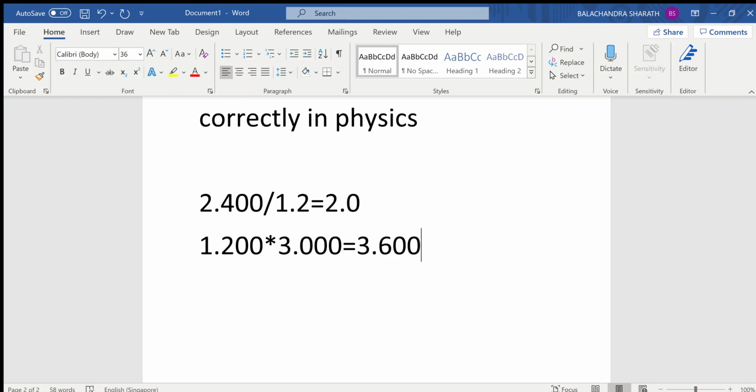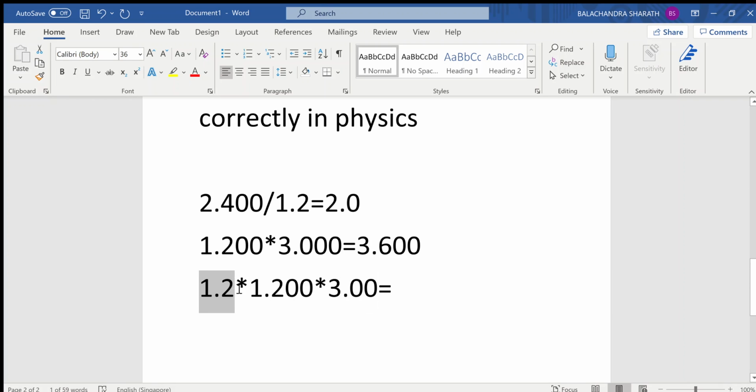If I have 3 numbers multiplied together, for example, 1.2 multiplied by 1.200 multiplied by 3.00 equals, so 1.2 has two significant numbers, 1.200 has four significant numbers, 3.00 has three significant numbers.